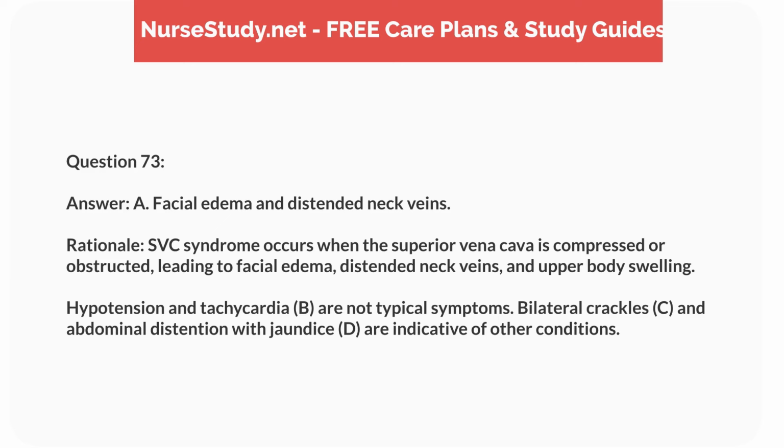Answer: A. Facial edema and distended neck veins. Rationale: SVC syndrome occurs when the superior vena cava is compressed or obstructed, leading to facial edema, distended neck veins, and upper body swelling. Hypotension and tachycardia, B, are not typical symptoms. Bilateral crackles, C, and abdominal distension with jaundice, D, are indicative of other conditions.